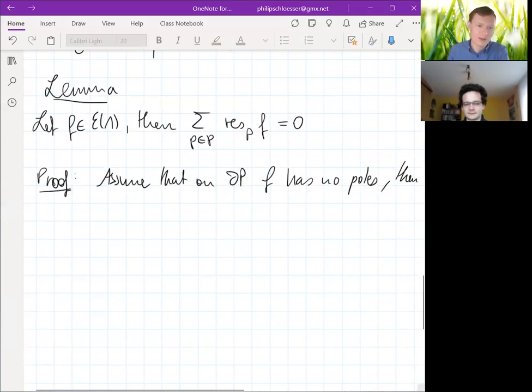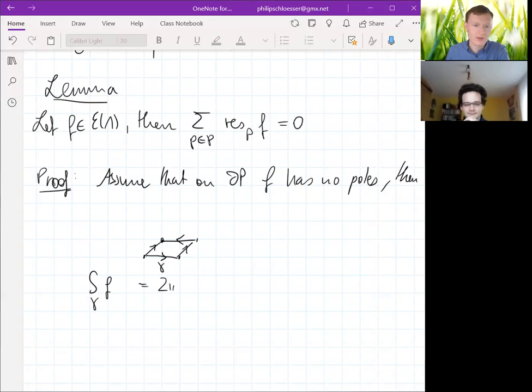Then, well, we can integrate along this boundary. So this is gamma or whatever, then the integral of f over gamma is equal to 2 pi i times that sum.